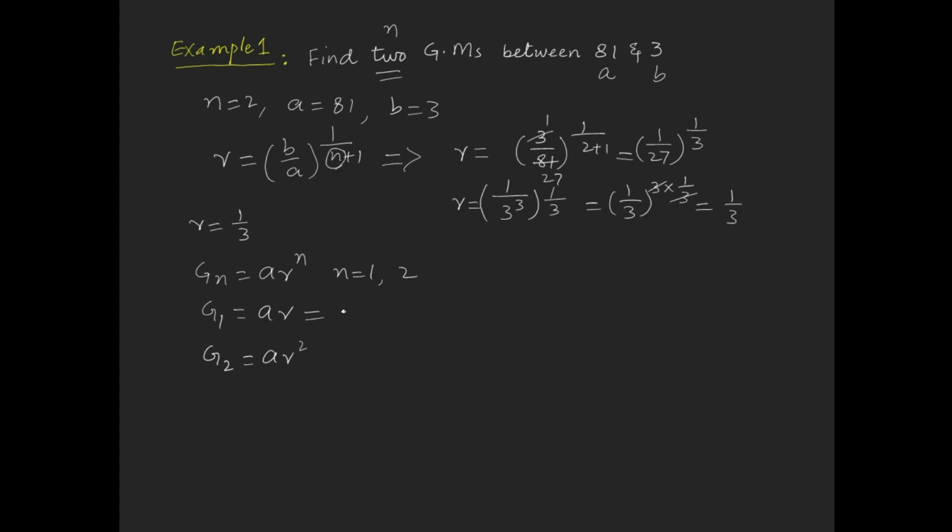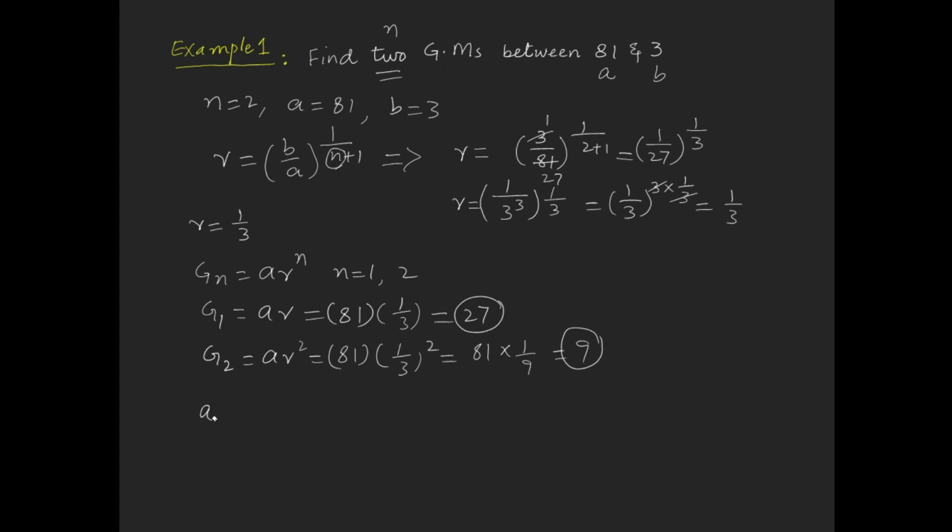Put the value of A as 81 and R as 1 by 3. So what is the answer? 27. And then G2: A is 81 and R is 1 by 3, whole power 2. So 81 multiplied by 1 by 9, so 9 is the answer. So these are the two geometric means: first is 27, second is 9.